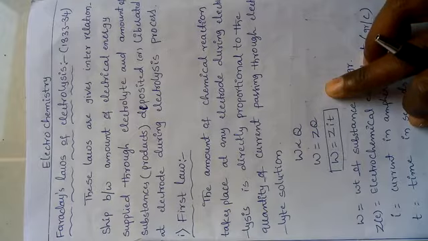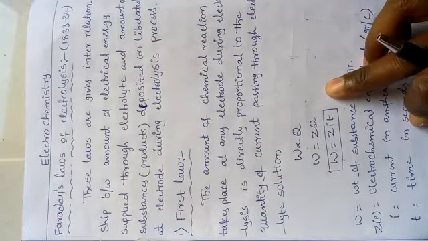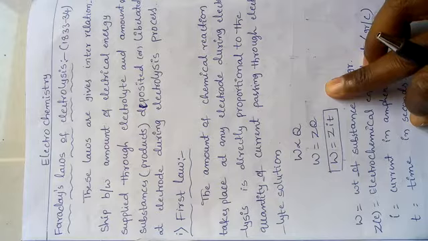Today we are going to discuss Faraday's laws of electrolysis in the electrochemistry chapter. These Faraday's laws give the relation between the amount of product or substance liberated at electrodes during electrolysis and the amount of electrical current passed through that electrolyte solution.